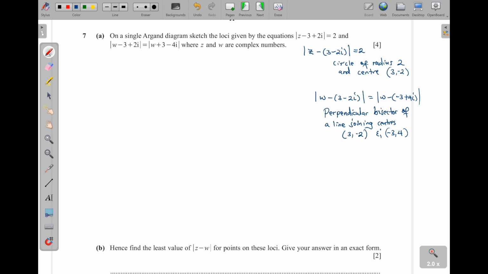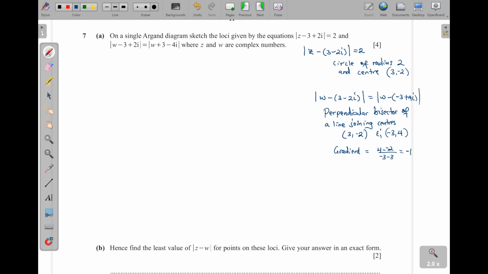Now, what will be, first of all, the gradient between these 2 points? So the gradient is going to be 4 minus negative 2, over negative 3 minus 3. This one will give us a 6 up here, then divide by negative 6, that will be a negative 1.